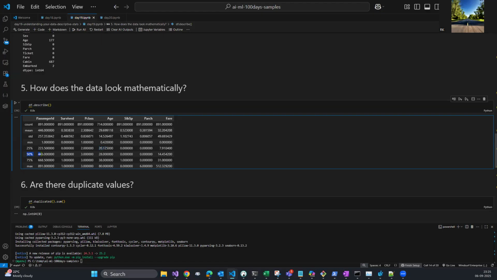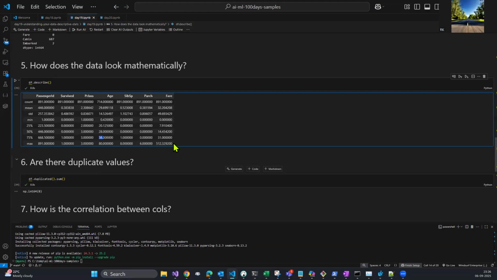And the 50 percentile says that 50% of people are under 28 years of age. And the 75 percentile value is 38, meaning 75% of people were under 38 years of age. So this is how the percentile describes it.